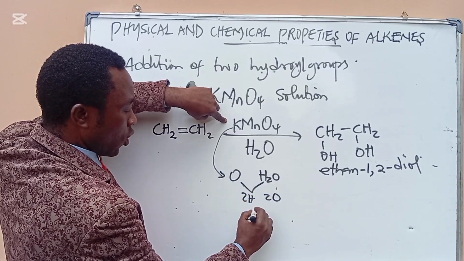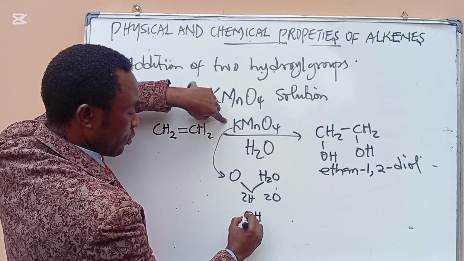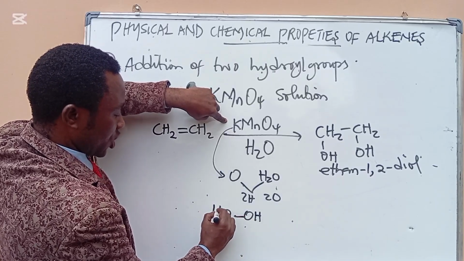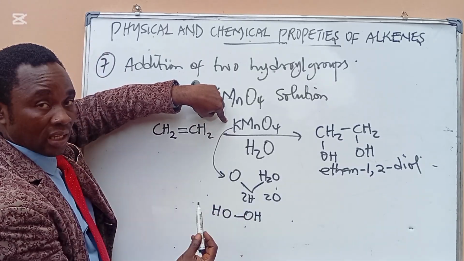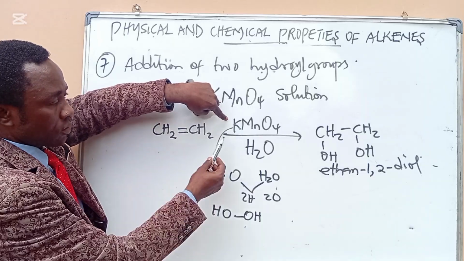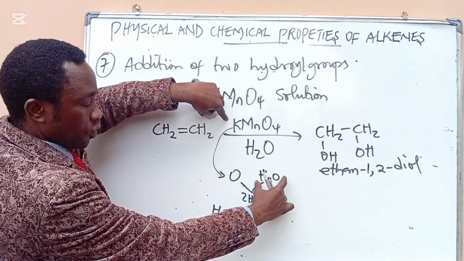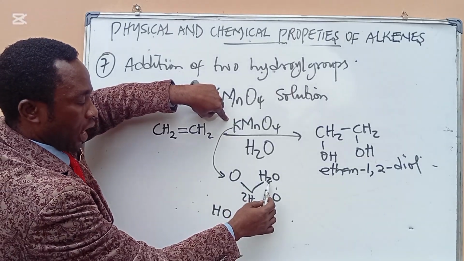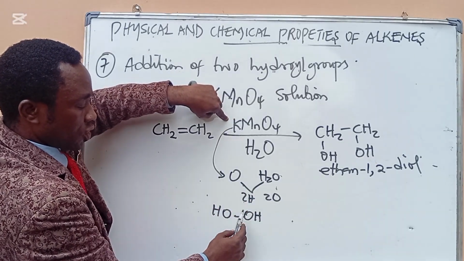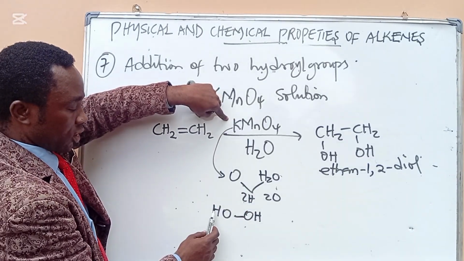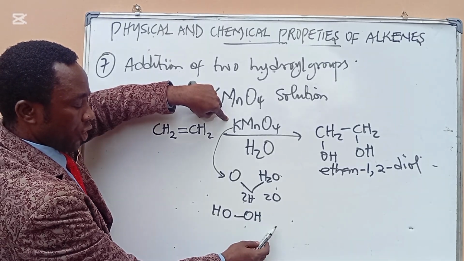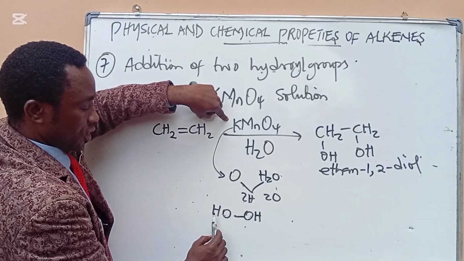So it's just like OH bonded to another OH. I'm just telling you how to remember the reaction. Oxidizing agents donate oxygen, then there is water for the solution. So there are 2 hydrogen and 2 oxygen, which can be rearranged as HO and OH.